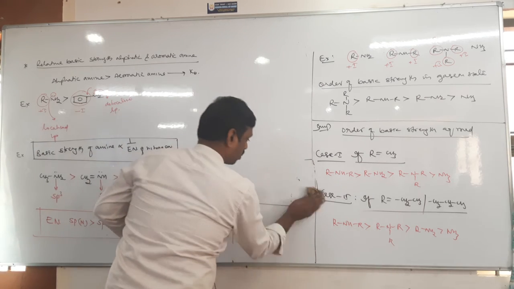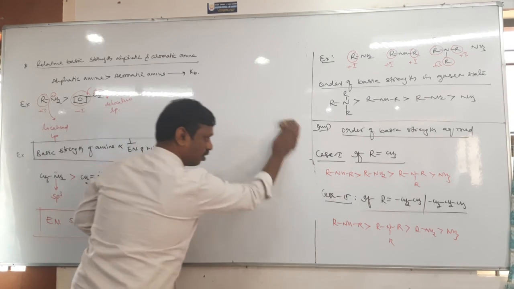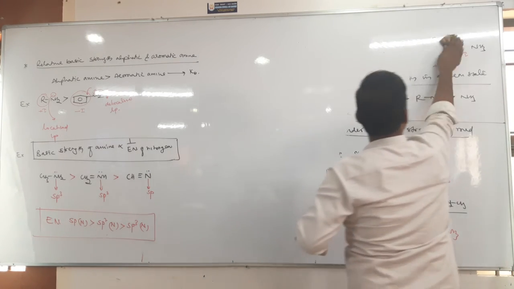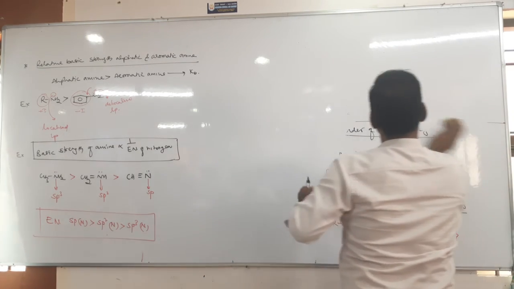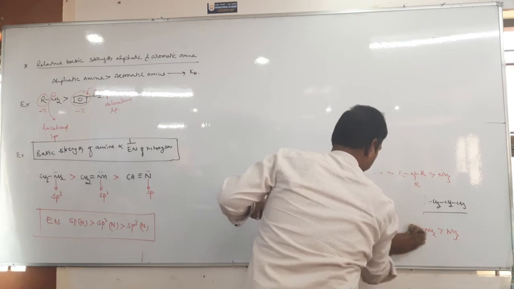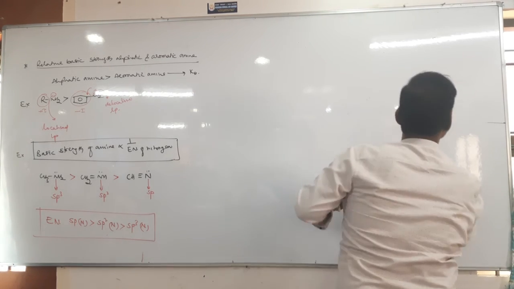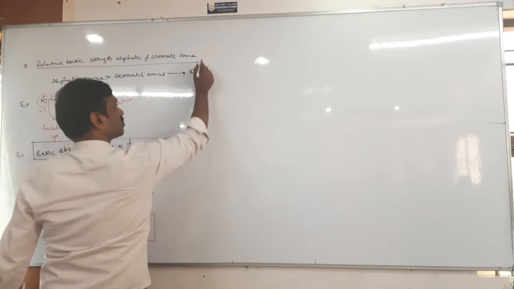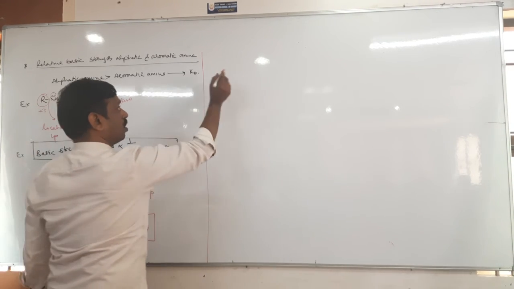Next, one more question. Arrange the following in the decreasing order of basic strength. Next question.